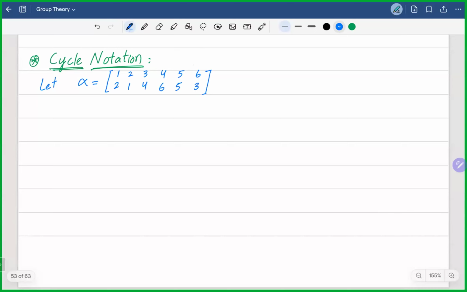Now, this assignment of values could be presented systematically as follows.